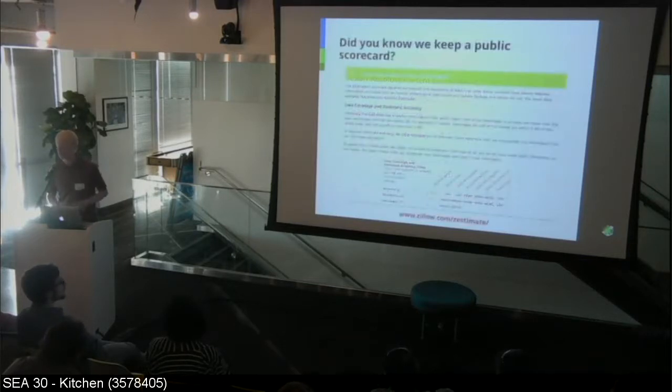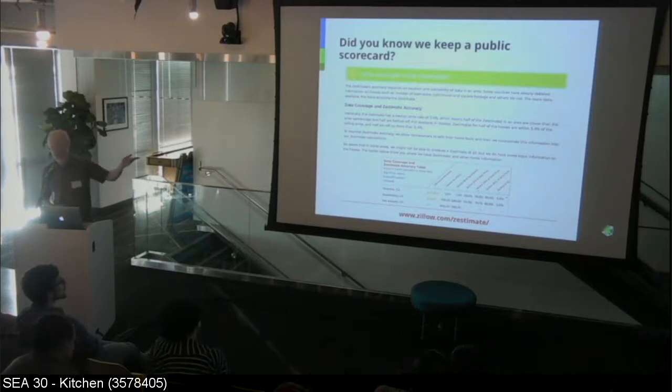And we're really forward with these metrics. This page here is one of the woefully least visited pages at Zillow, despite the fact that it's our accuracy scorecard. We update it quarterly. I know there's a lot of text and I don't think you should read it, but I want to point out that in Q1 of 2017, our median absolute percent error nationally was less than 6%.